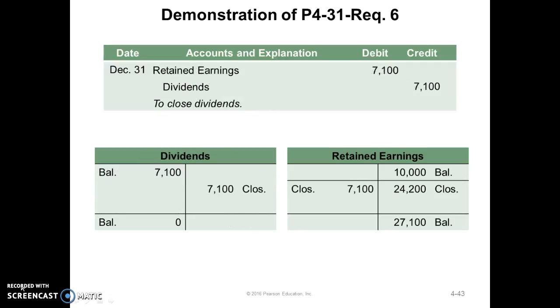Then we're going to make a journal entry for the dividends, and we know the dividends are going to reduce the retained earnings. That's why it's a debit. And when you look at the retained earnings, you see now how it gets to that new balance of the 27,100 that we saw previously.